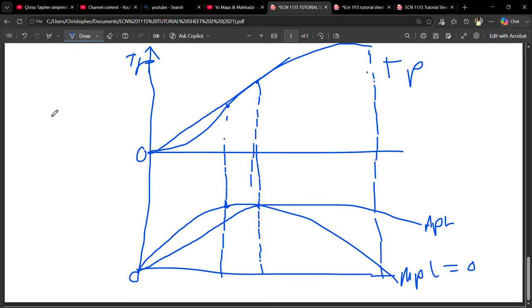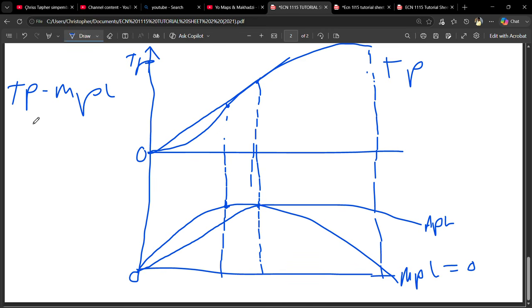So the relationship between total product and marginal product of labor is that when marginal product of labor is increasing, from this point until the point of inflection, total product increases exponentially.